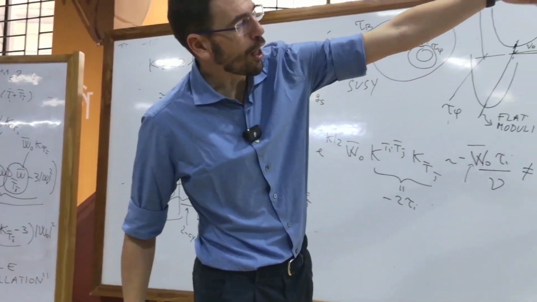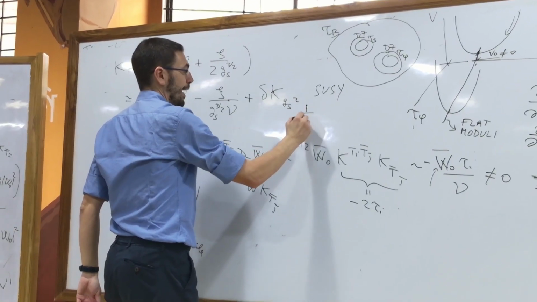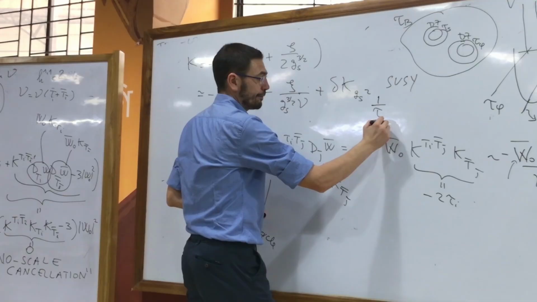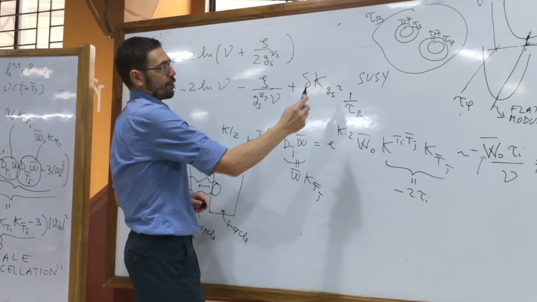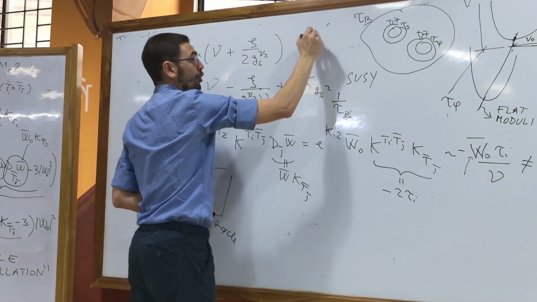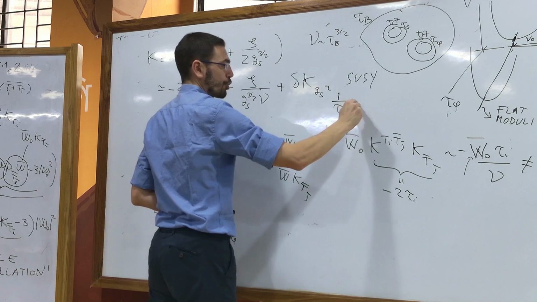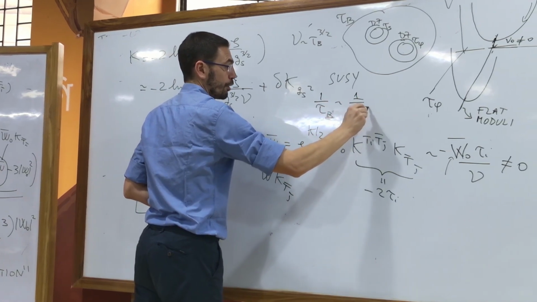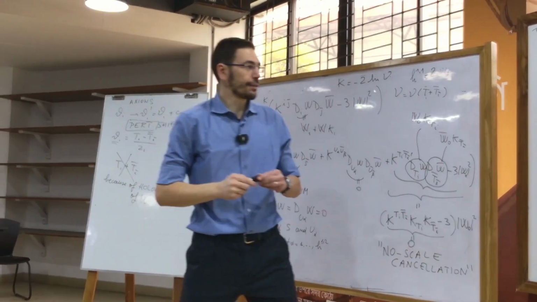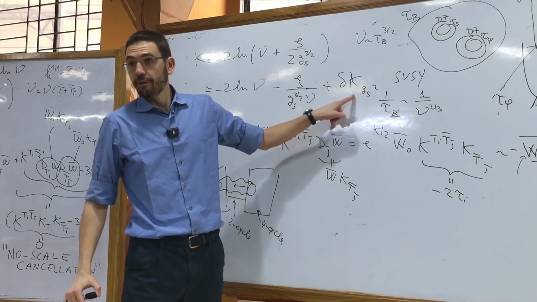If they go like 1 over tau, whatever that tau is, if this is tau big, we've seen here that the volume goes like tau big to the 3/2. So this correction would go like 1 over volume to the 2/3, right? So this would tell you that ignoring this correction is wrong, right?